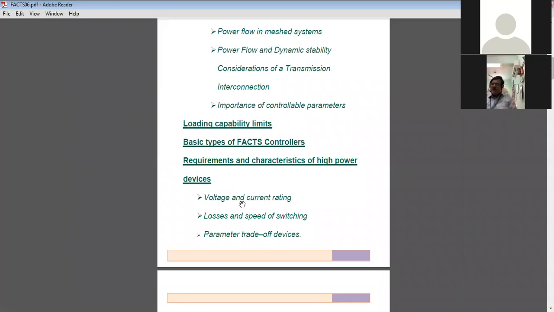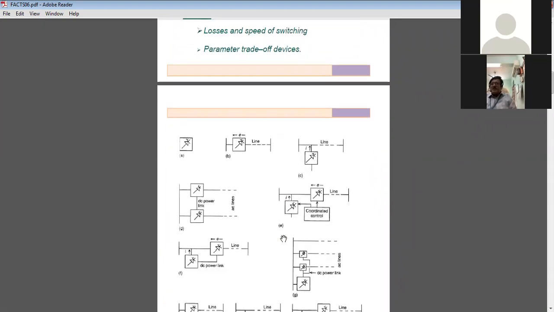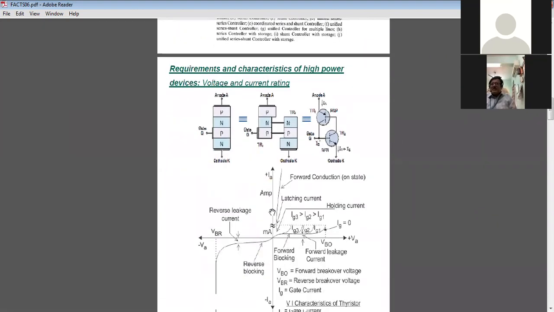In this we have seen VI rating, losses, speed of switching, then parameter trade-off of devices. That means day by day new devices are being proposed for FACTS controllers and other power semiconductor devices. They are emerging, and the technology is changing, and we will come back and discuss the classification.